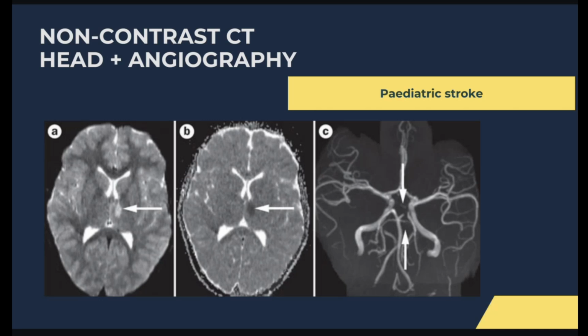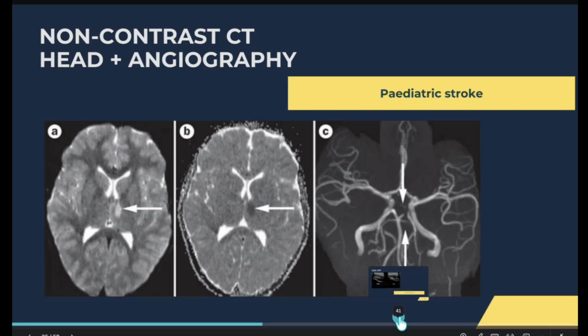So these are MRI images, and image A is the T2 axial. Image B is the diffusion weighted imaging, which is showing the area of low signal. That's the area where there's a stroke. DWI, or diffusion weighted imaging, is great in acute stroke.